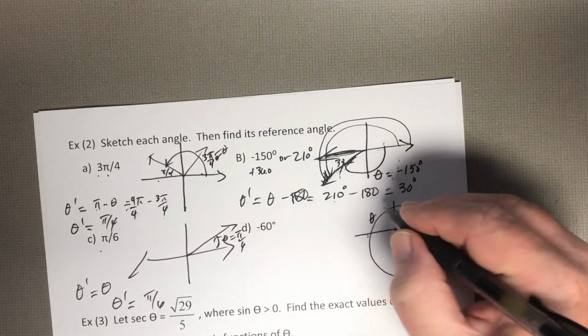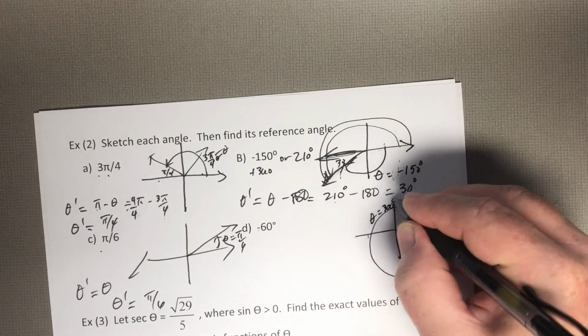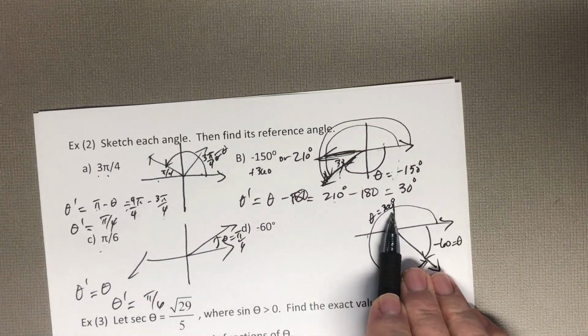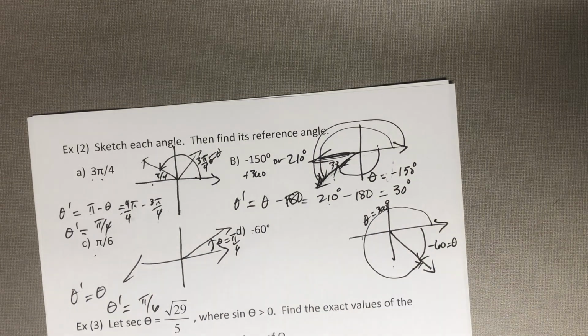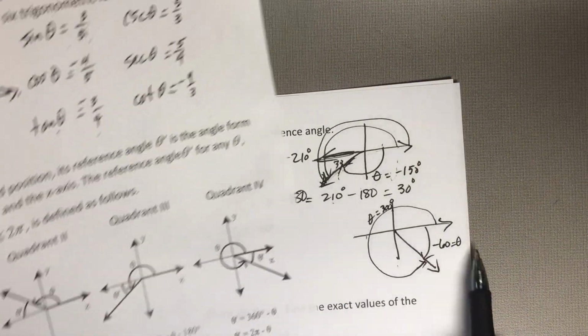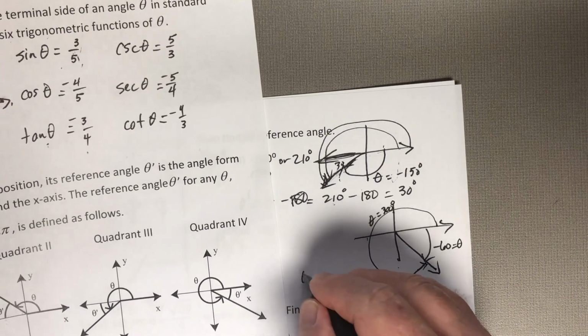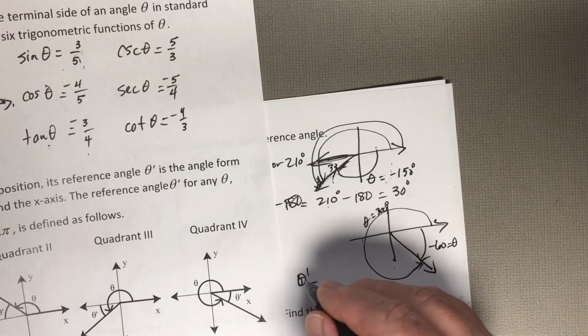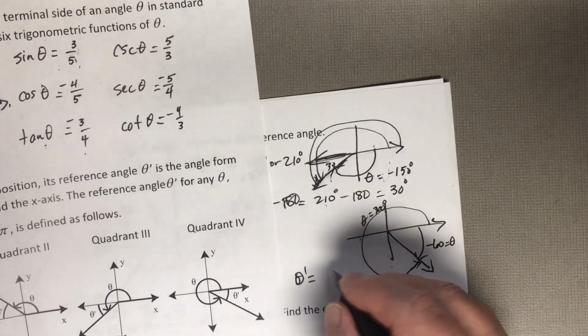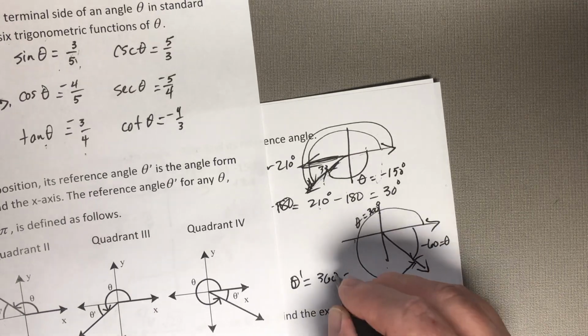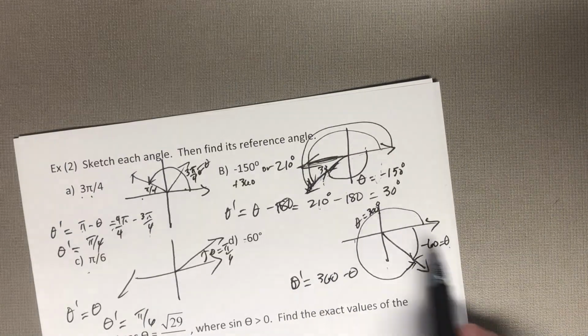So that same angle, theta, is 300 degrees, and that is between 0 and 360, which means we're going to use our rule. That's in the fourth quadrant, and it's in degrees. So the rule says that the reference angle, theta prime, is equal to 360 minus theta. And we want to use this theta.